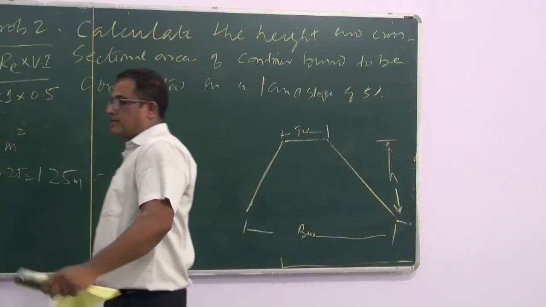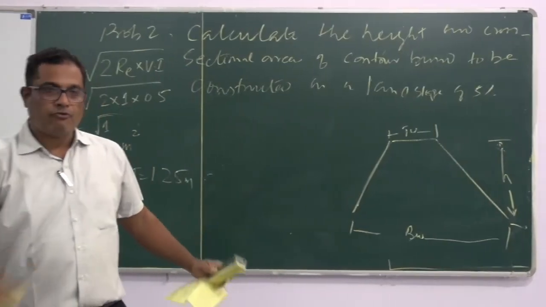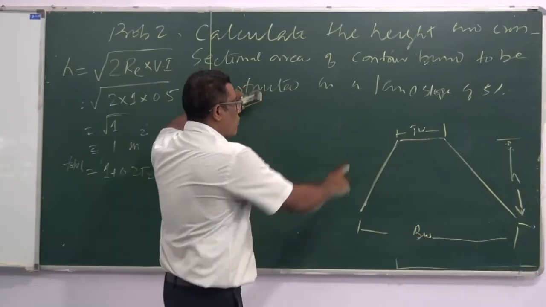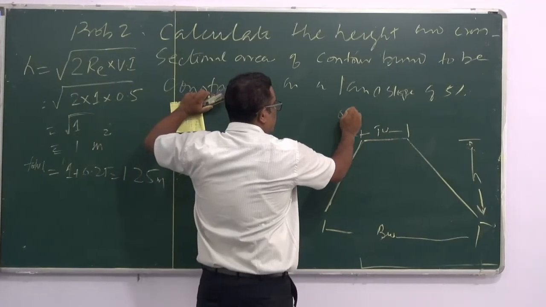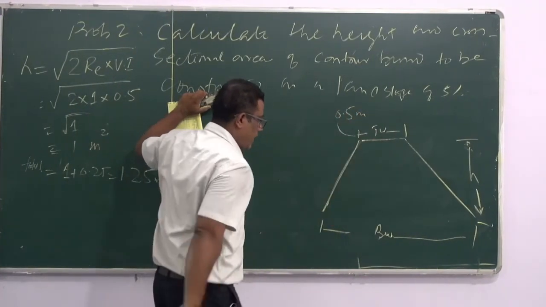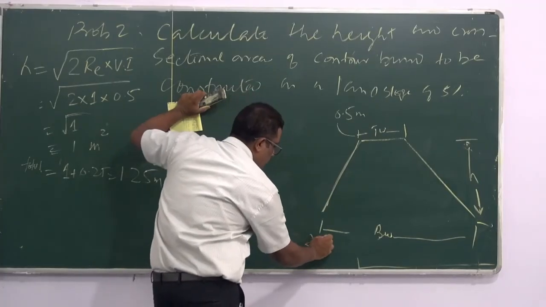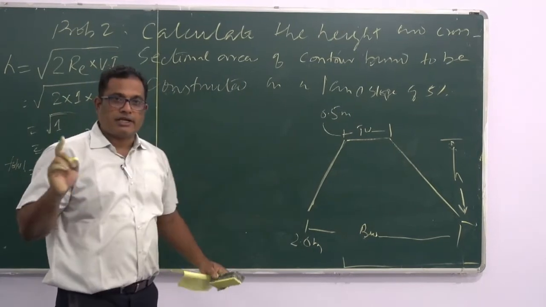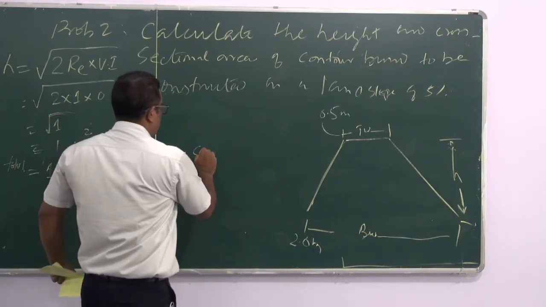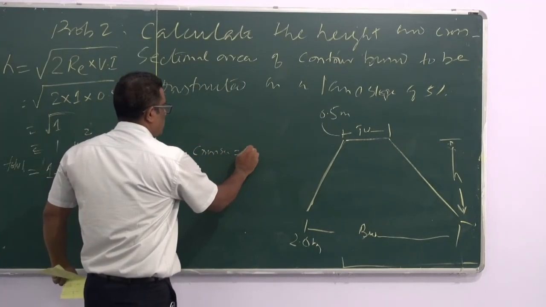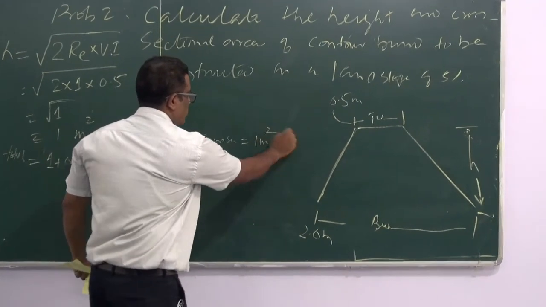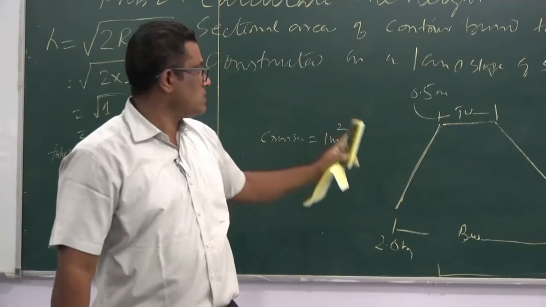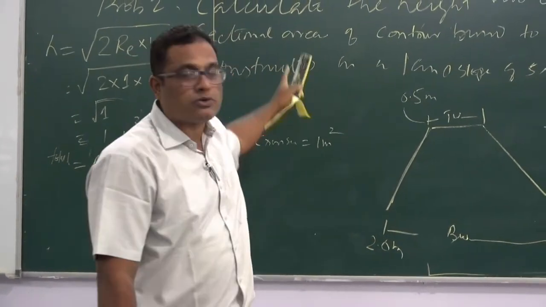If in this case the side slope is not given, then we can go for the thumb rule. The thumb rule says the top width should be at least for Indian condition 0.5 meter, and the bottom width should be 2 meter at least, and the total cross-sectional area should be not less than 1 square meters. We are going with the thumb rule just because the side slope in this question was not given.